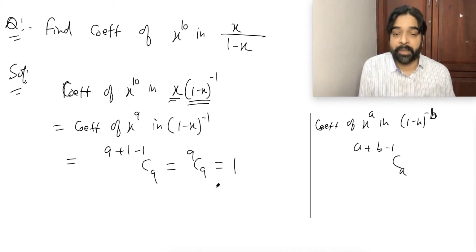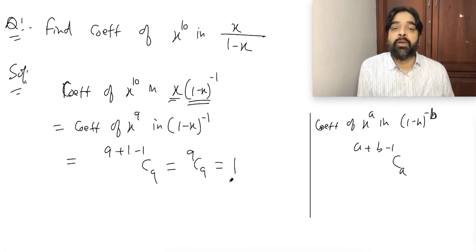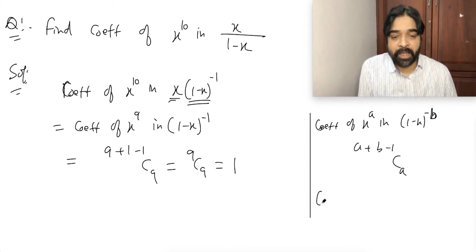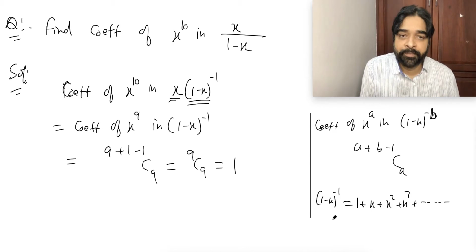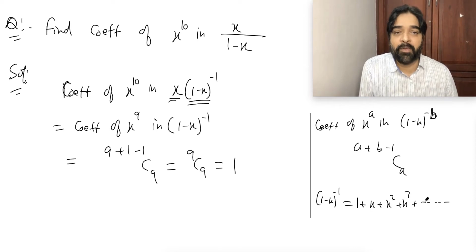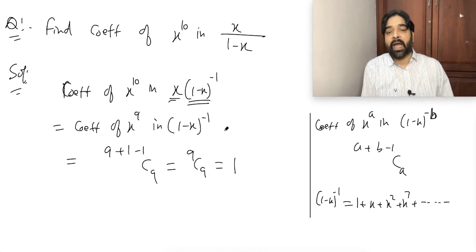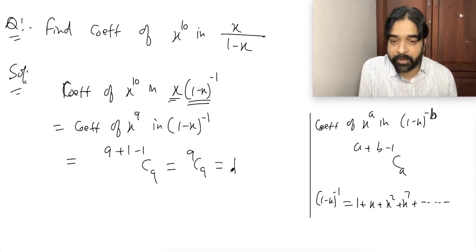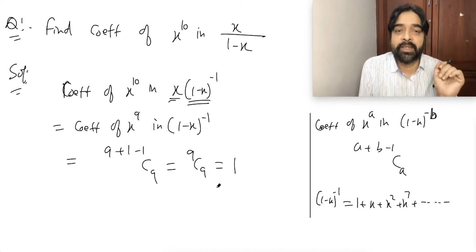I was thinking something else. So, value will be 1. Basically, (1 - x)^-1, if you expand it, you will get 1 plus x plus x^2 plus x^3 plus so on. So there will be a term like x^9 also. The coefficient of x^9 will be what? 1. That's why 1 is coming. I thought minus 2 or something. Oh, this is correct. Have you understood the point?